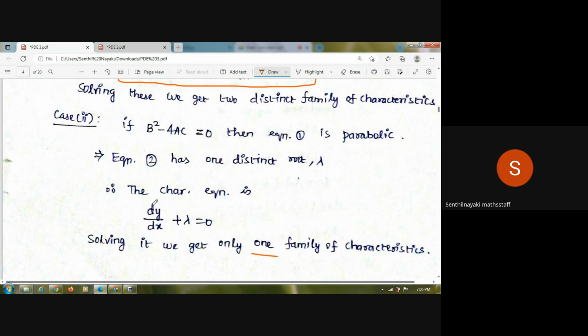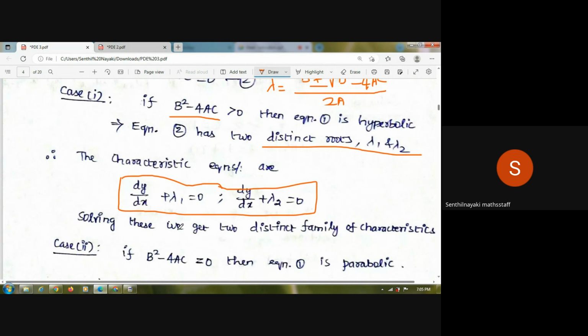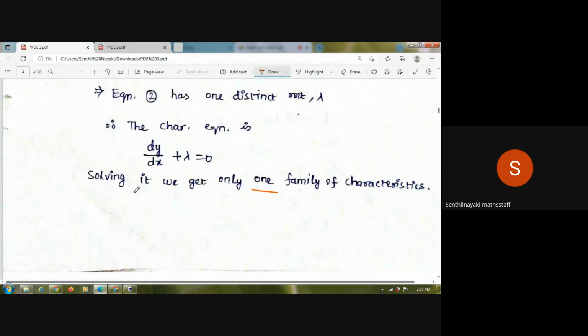But in the case of hyperbolic, two roots are possible, therefore we get two distinct families of characteristics, because these two roots are distinct.